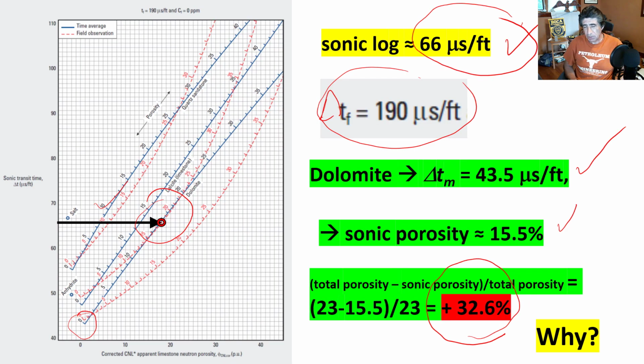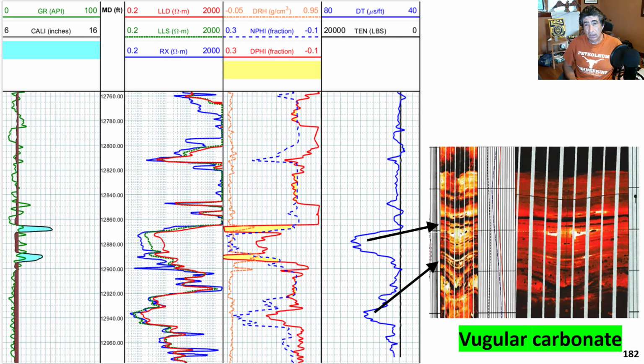So why is the sonic log showing that deficiency? That signals there might be a difference in rigidity of the rock within the volume of investigation of this tool. And lo and behold, this borehole resistivity image is from a different well, but just illustrates the reason.